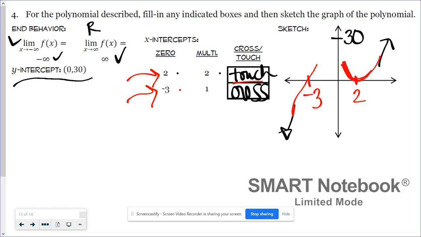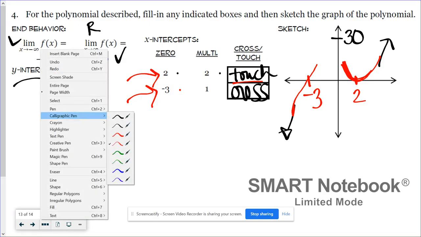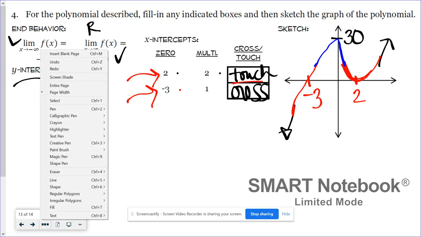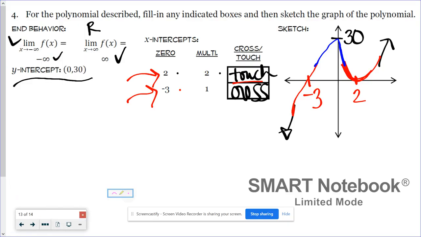Then all that's left for me to do is to fill in what's happening around the y-axis. It still has to go through my y-intercept of 30 and then connect to the other side. If I were to smooth this out and make it look a little bit nicer, how does that look? Nice.